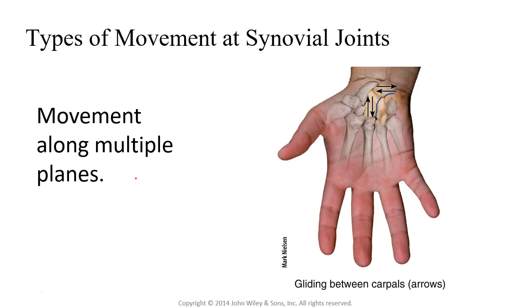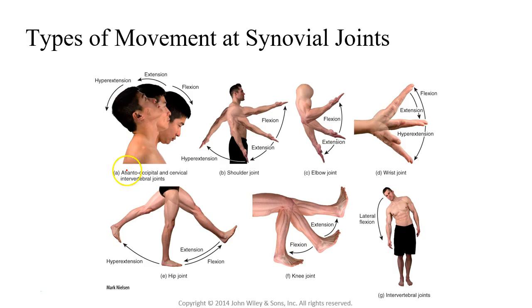Okay, types of movement at synovial joints. We have quite a few. We can see extension and flexion. Here are multiple examples at multiple joints. Flexion is bringing a body part closer to the center of the body, closer to the center of mass, if you will. Extension is moving that body part farther away.